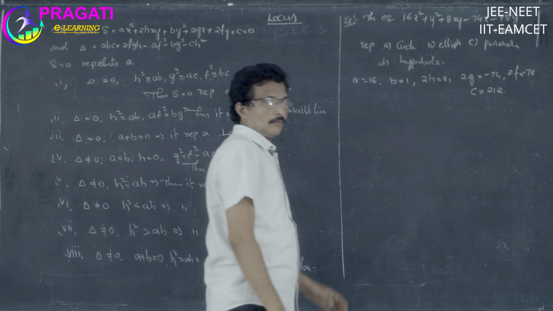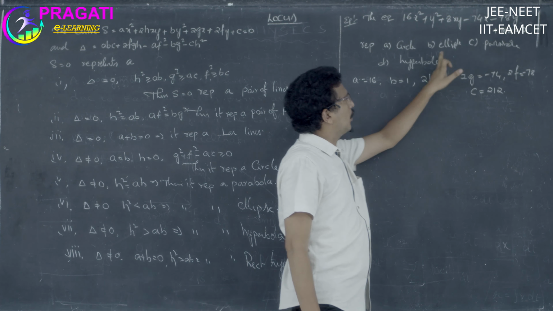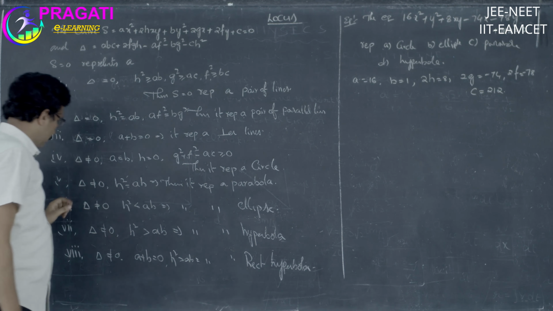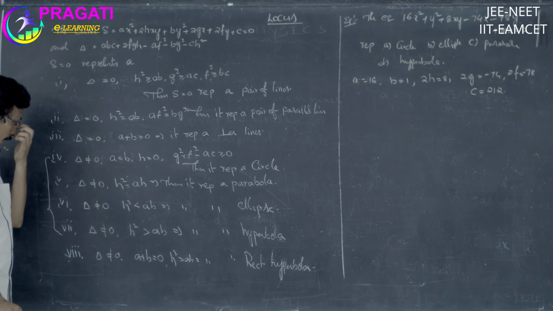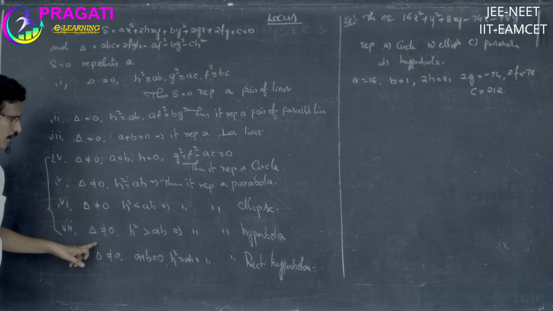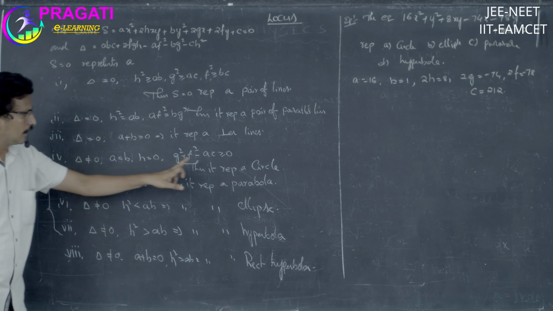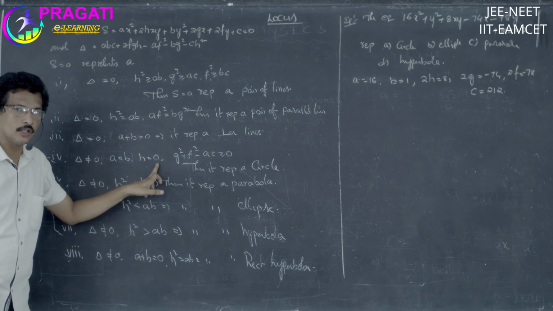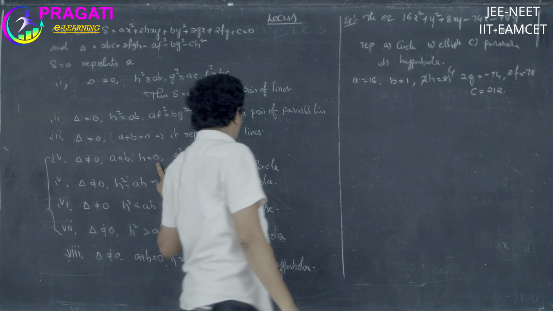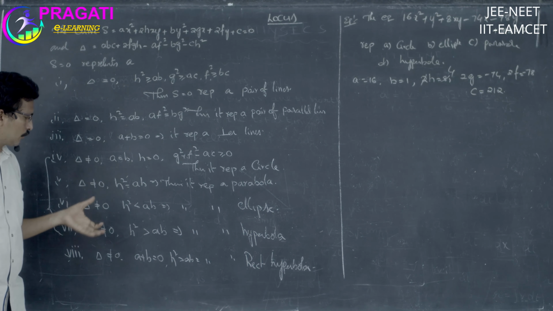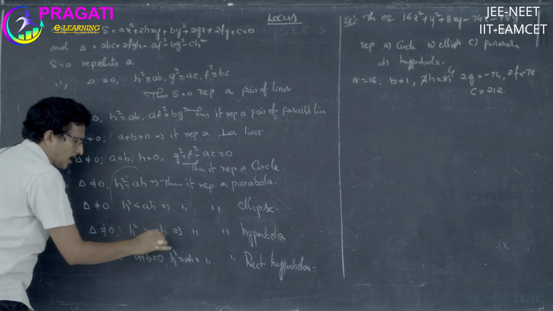Here the options are circle, ellipse, parabola, hyperbola. These four. Here delta not equal to 0 is the common condition. So it depends upon these three, because it represents a circle if h equal to 0. Here h is equal to 4, so it is not a circle.